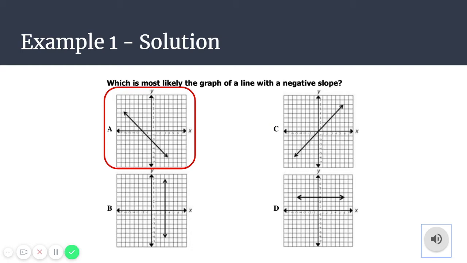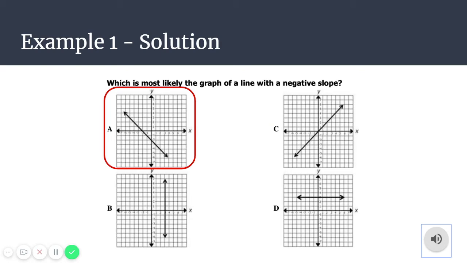So here we're looking for our line to be moving down. So it's like you're going down a sled on a hill. And remember, we always read our graphs left to right, just like the instructional video was saying. So if you look at the left part of your graph, that line should be higher than the right side of your graph so that you can slide down that hill.